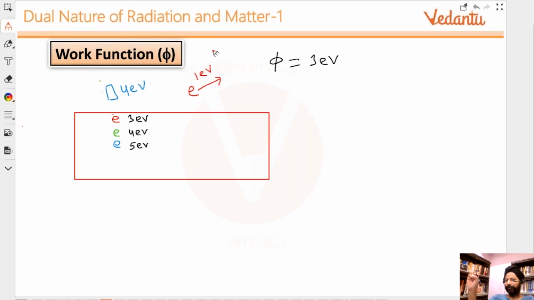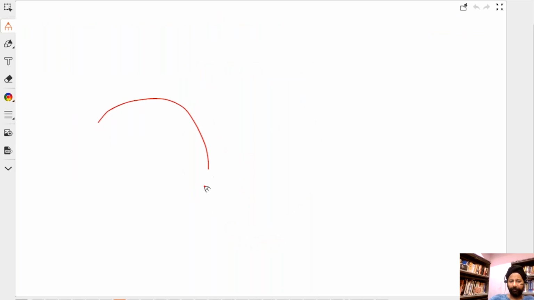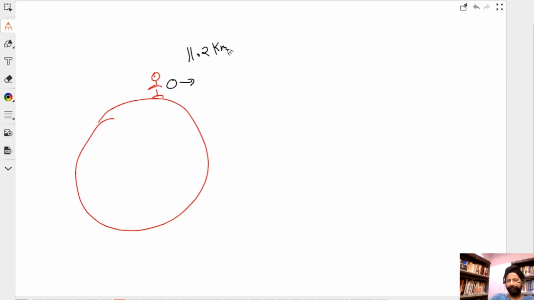It will keep moving with that kinetic energy. It's like escape velocity, 11.2. I don't know how much gravitation you remember now. On the surface of the earth, you take any object and then you throw it with 11.2 kilometers per second, not per hour, kilometers per second. It's a huge velocity. This is called the escape velocity. The object will reach infinity and stop. Obviously, there is nothing like infinity, but hypothetically, it will reach infinity.